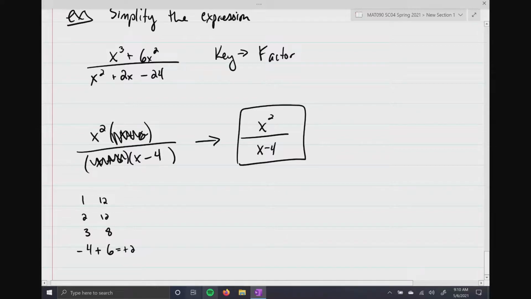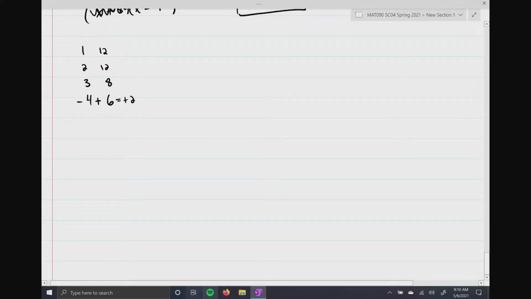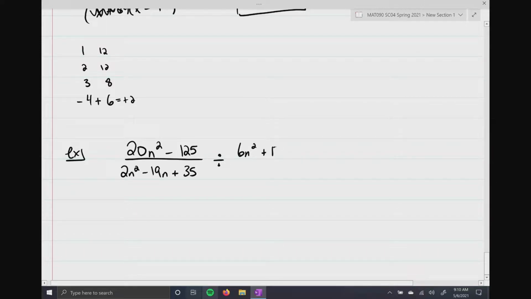All right, now here's one for you. So I did a really easy one, and now I'm just going to throw you in the deep end. So I hope you remember how to swim. AKA, I hope you remember how to factor. All right, so go for it. It's going to take you some time.